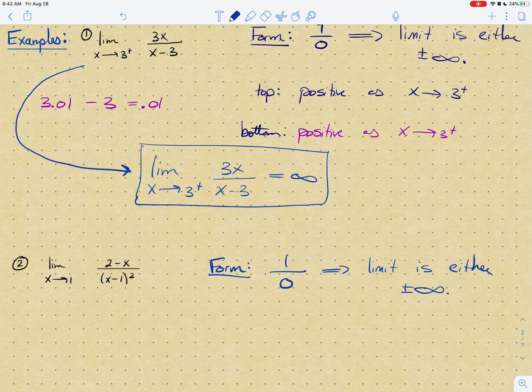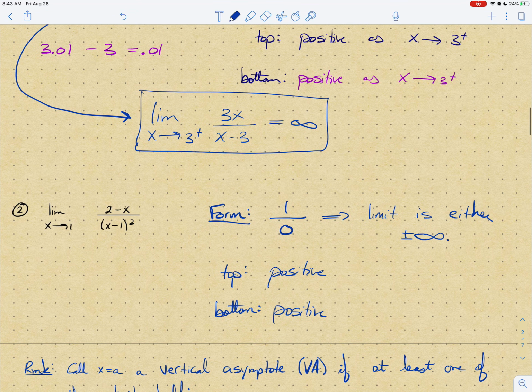And so now, again, we're going to think very carefully. So as x goes to 1, the top is going to be positive. It's going to positive 1. That's all that you need. That's easy enough to see. The top is always positive. The bottom, this one worked out really nice. There's a square. The square is going to keep everything positive. So the bottom is always positive.